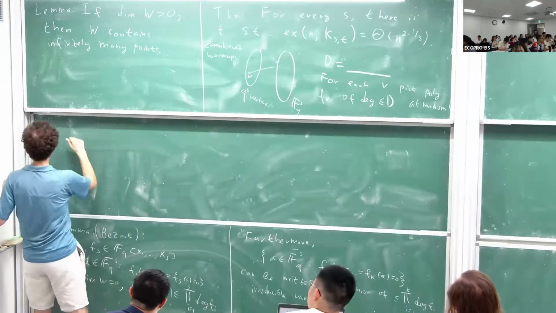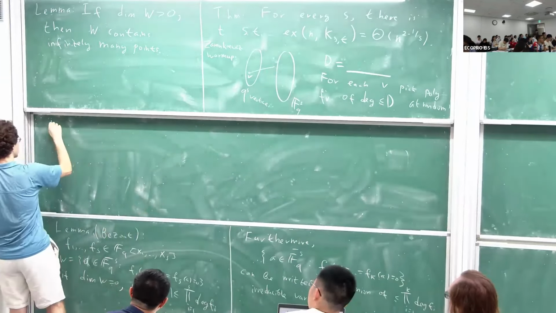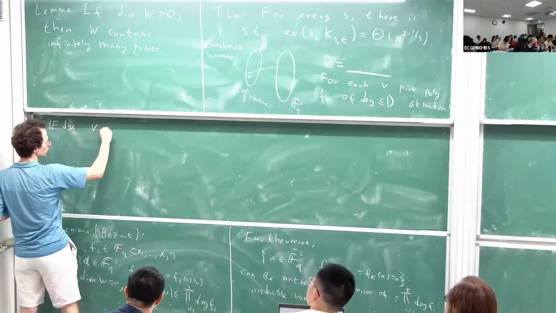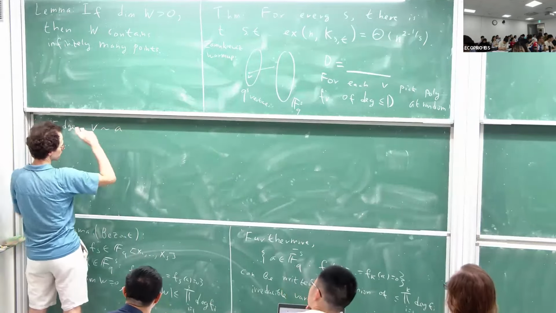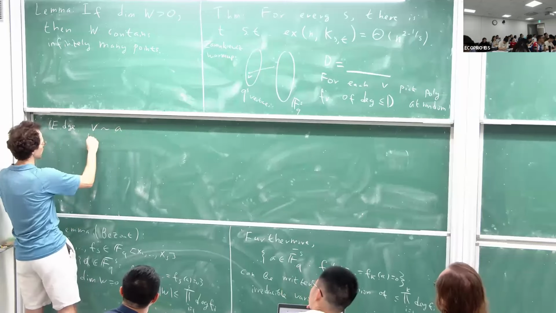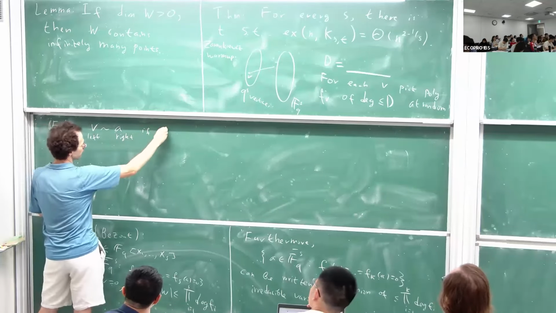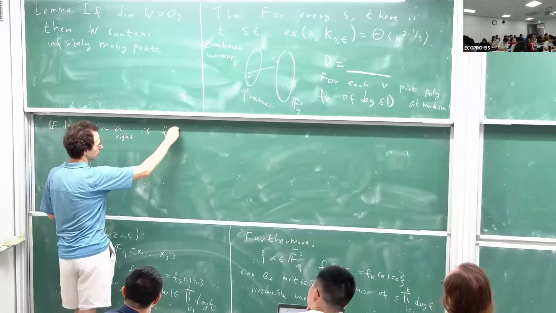So the edges from V to A, V on the left, A on the right, if this polynomial vanishes.